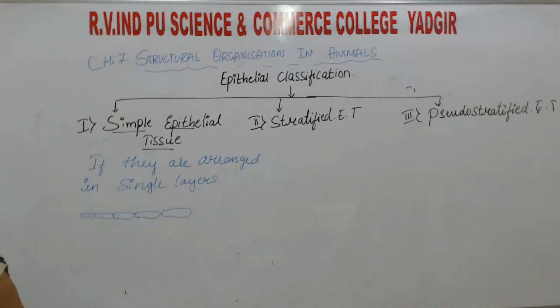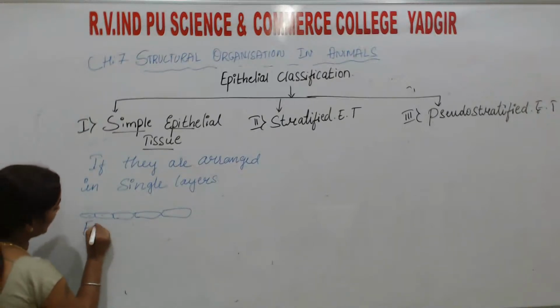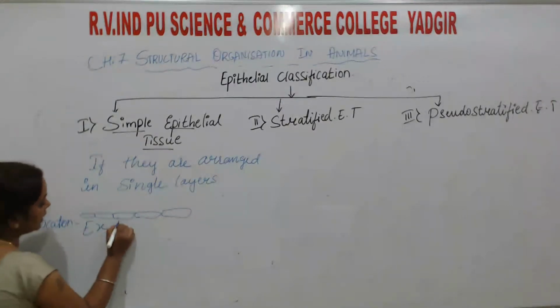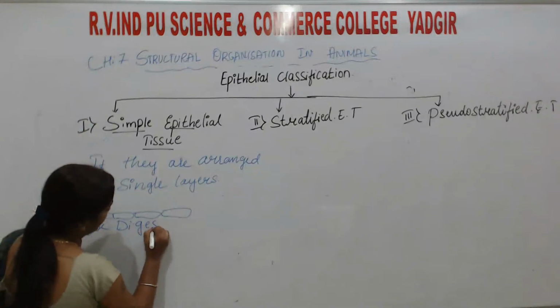Simple epithelial tissue location, if we see, they are found lining in the digestive tract.